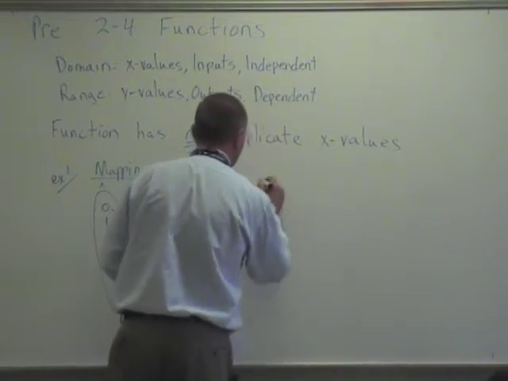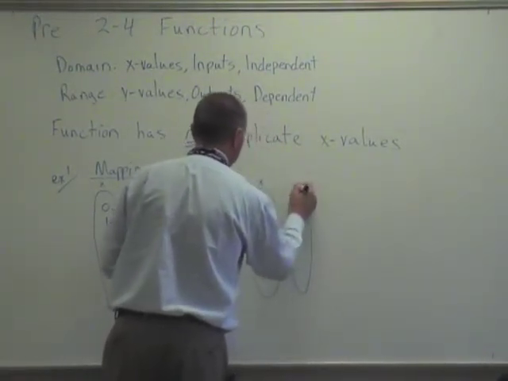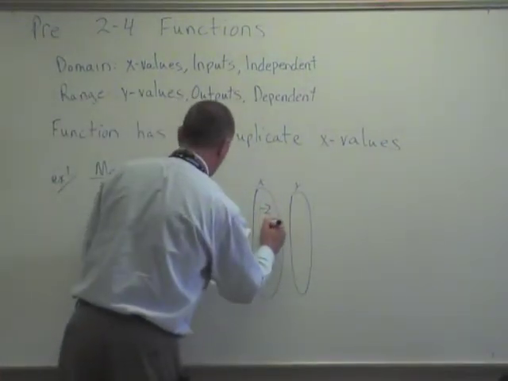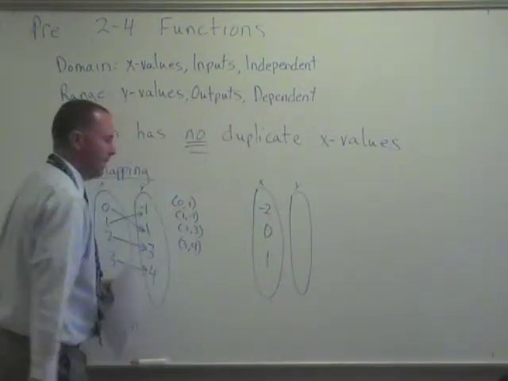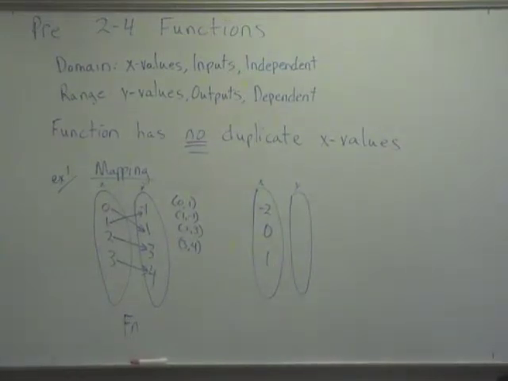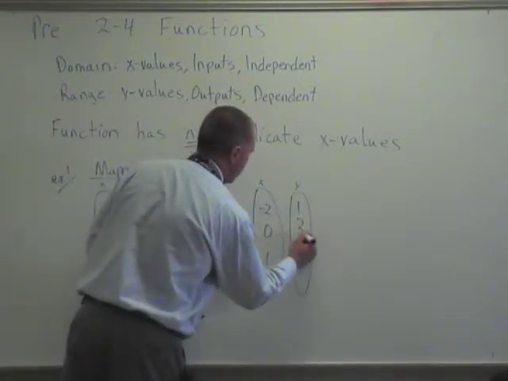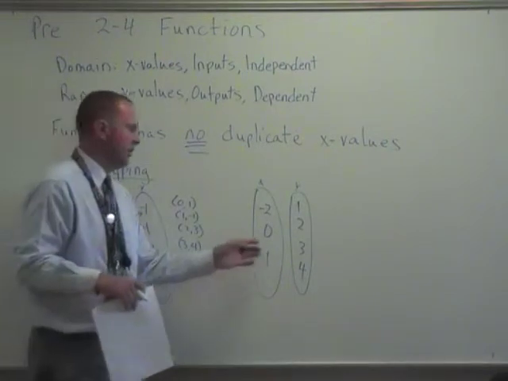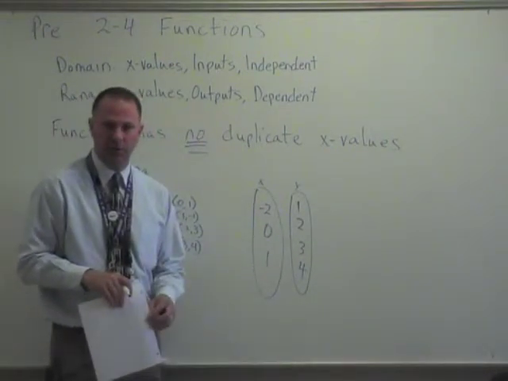So let's do another example. You don't have to put the x and the y up there. So we'll say -2, 0, and 1 are my domain values. And my y values are 1, 2, 3, and 4. Now notice, I only have 3 x values, but I have 4 y values.